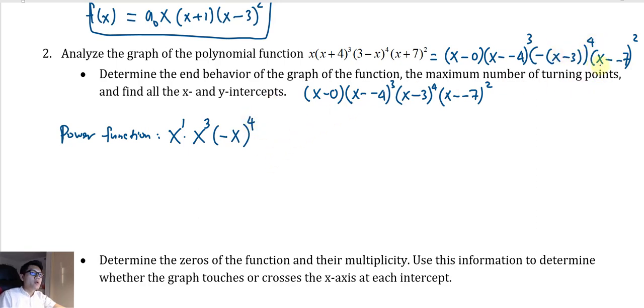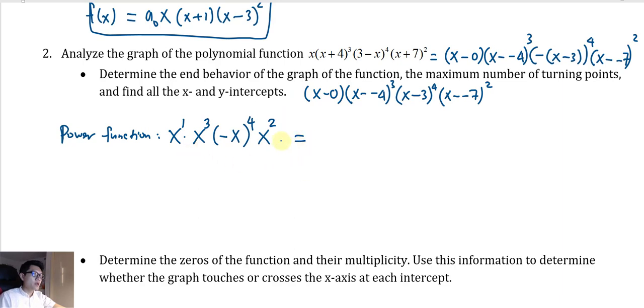But it doesn't matter, because minus to the 4th power still gives you back a positive 1, or you can just take x to the 4th power directly from here. And then the last one is x. Take the leading term, and take the power of 2.